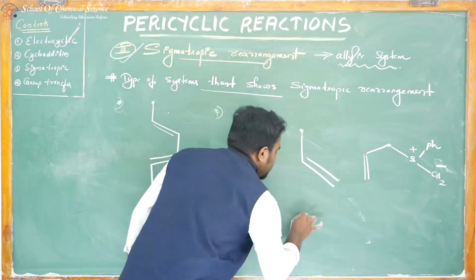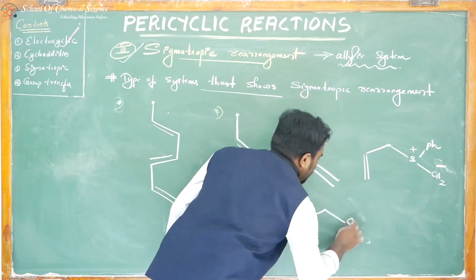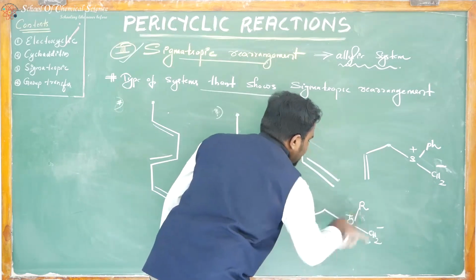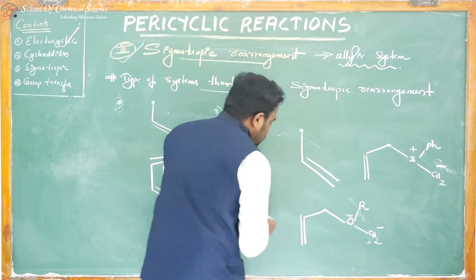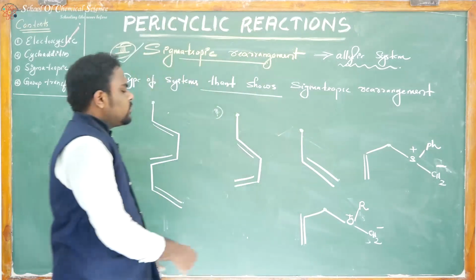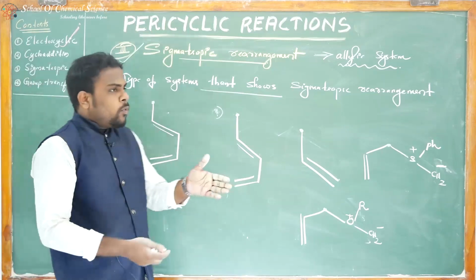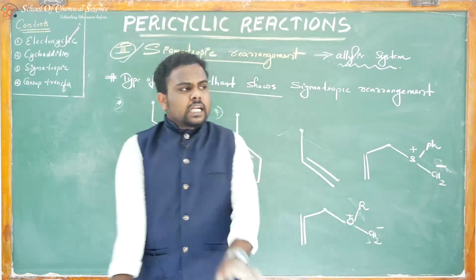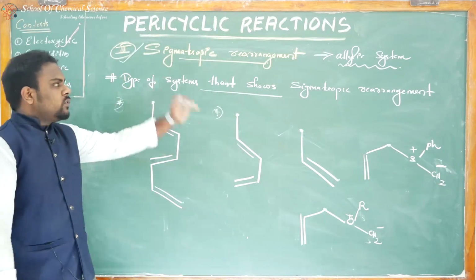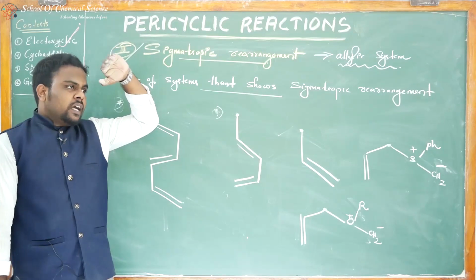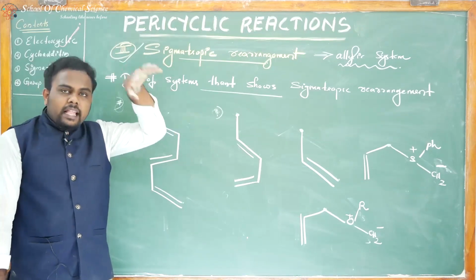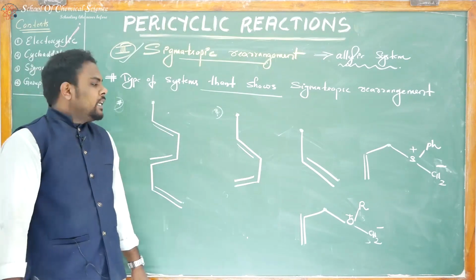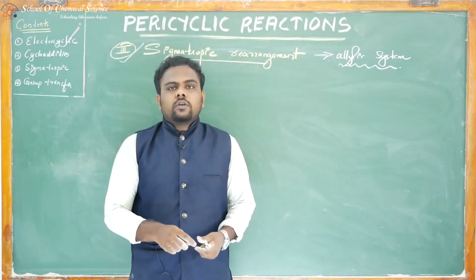Another example, an oxygen ylide, O R CH2 minus, oxygen with three valency plus. Here also an allylic carbon is present, so that will also show sigmatropic rearrangement. So these are some popular systems that show sigmatropic rearrangement. So the first thing that you have to study in sigmatropic rearrangement: a system having an allylic carbon definitely shows what type of reaction? Sigmatropic rearrangement reaction.